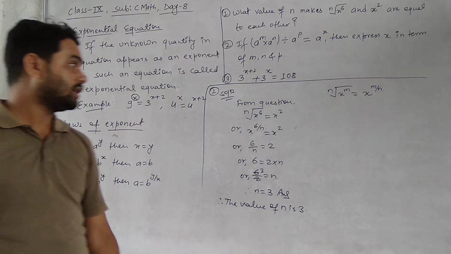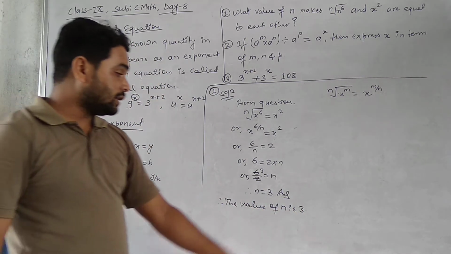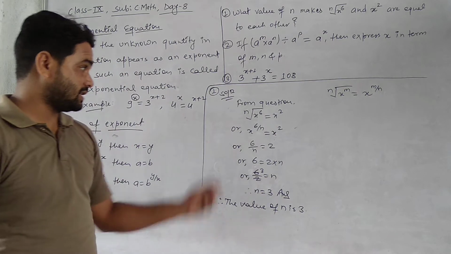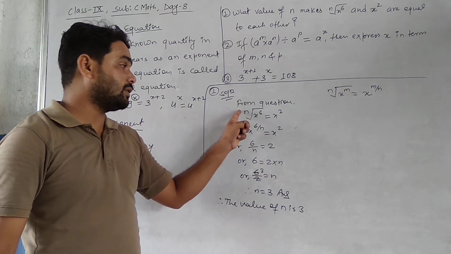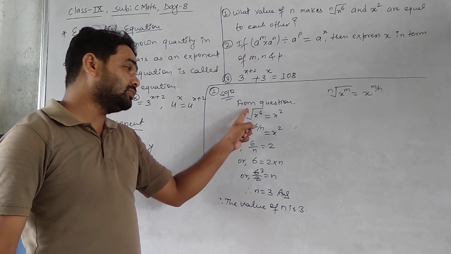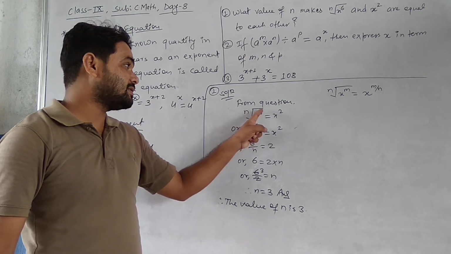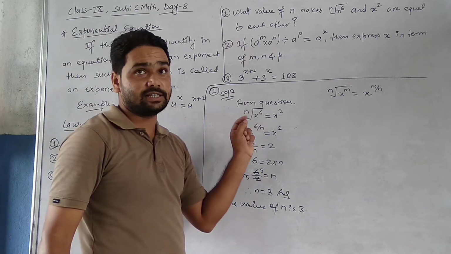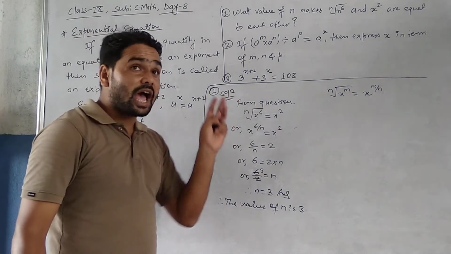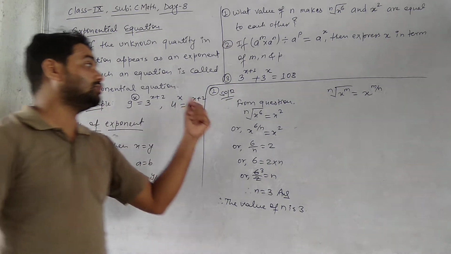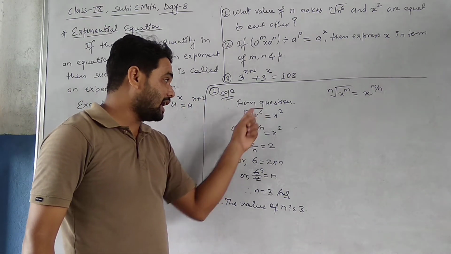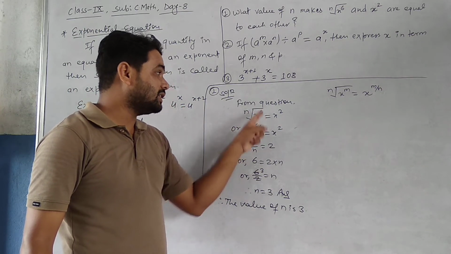That means conclusion. Now, in order to check the answer, let's put 3 in place of n. Then the cube root will be here, and x power 6 is there. In the cube root, we divide the power 6 by 3, then we get 2.